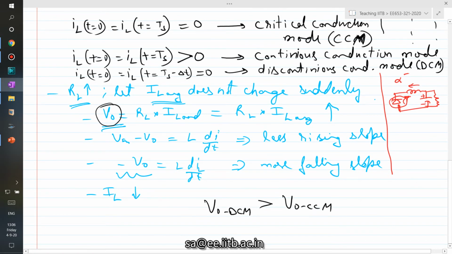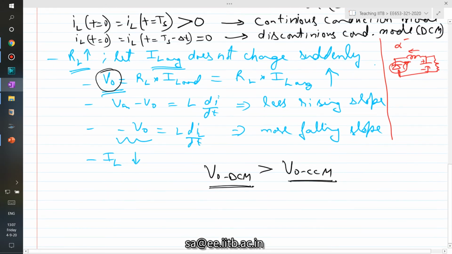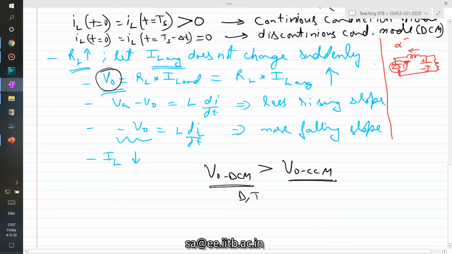So you see that the average voltage in discontinuous conduction mode would always be more than the average voltage you would have got in continuous conduction mode, keeping everything else same except changing the load resistance. So everything else, duty cycle, TS, whatever, everything else is the same, and the only thing that changes is RL in this transition. Right.